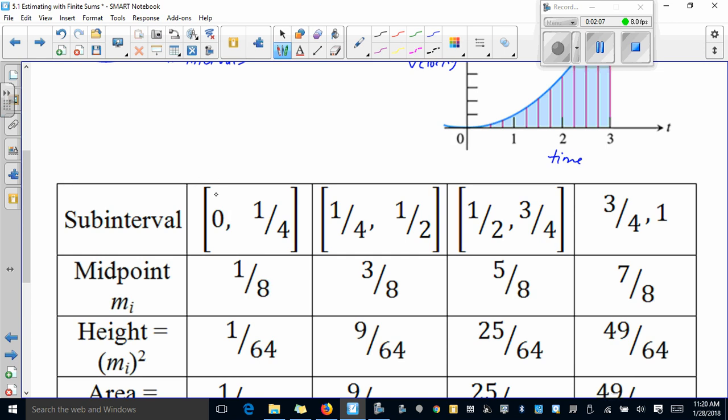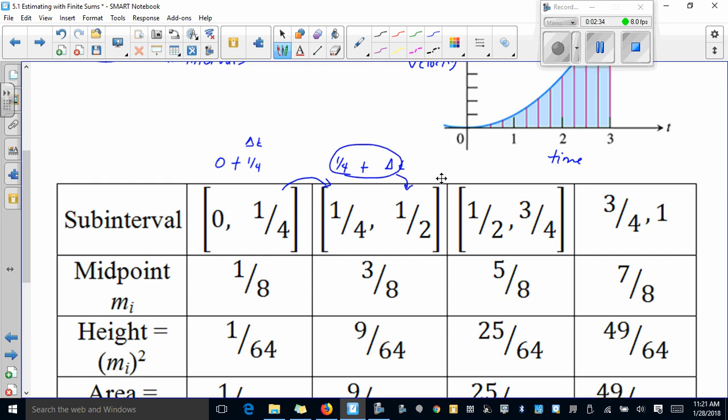Your starting point just follows over, and then this is your end point here. And continue on. 1/2 is your starting point, then you go 1/2 plus delta t, which is 1/4, gives you this one, and so on and so forth. I know I was doing 1/4 and I changed delta t, so in the end this becomes 3/4 plus 1/4, which gives us 1.